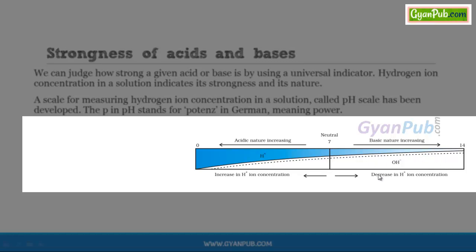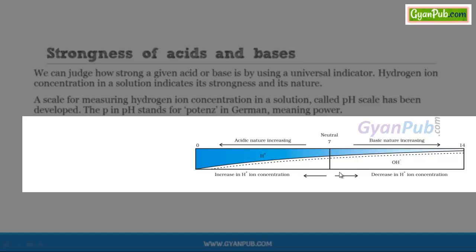If we observe here, from 7 to 0, an increase in H+ ion concentration is observed, along with an increase in acidic nature, and the OH- ion concentration is decreased. That is, basic nature is decreased and acidic nature is increasing from 7 to 0. So substances having a pH value between 0 and 7 are acidic in nature.